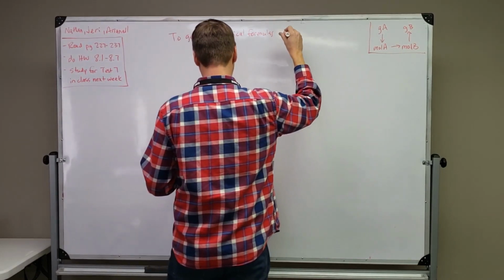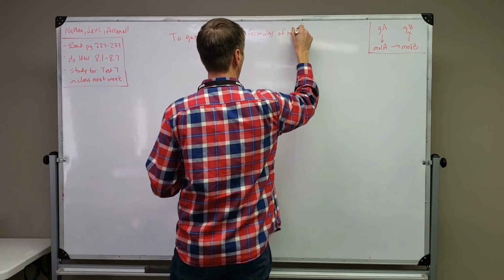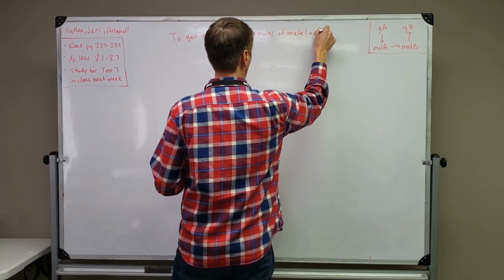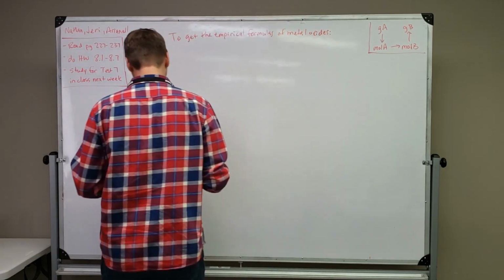There are 4 steps to get the empirical formulas for forms of metal oxides. Follow these steps.